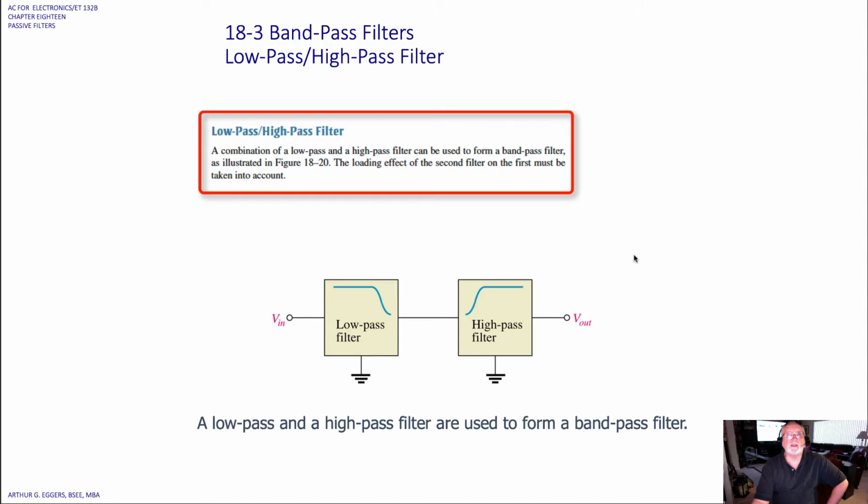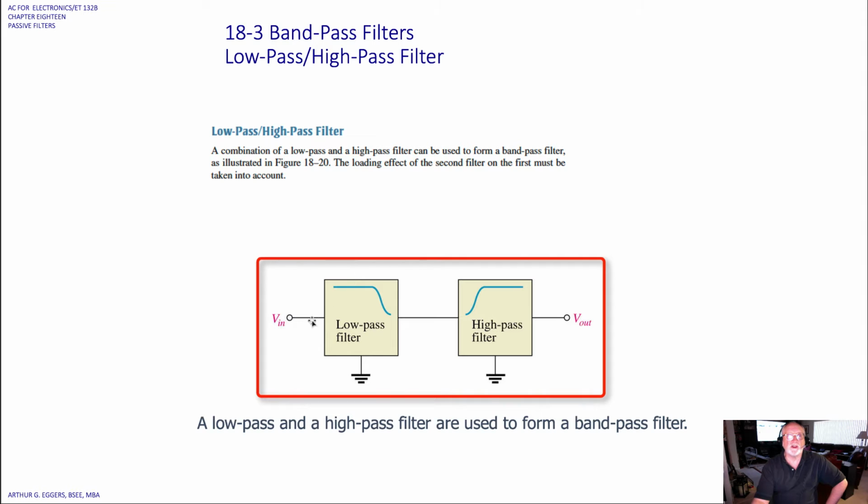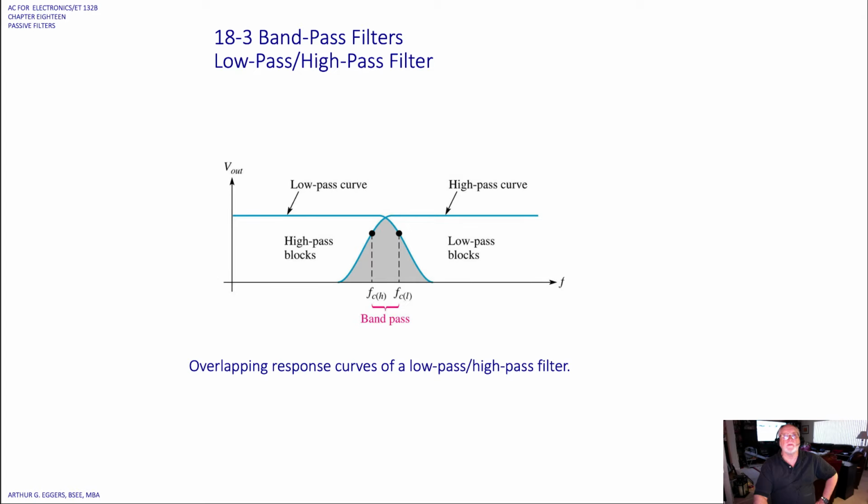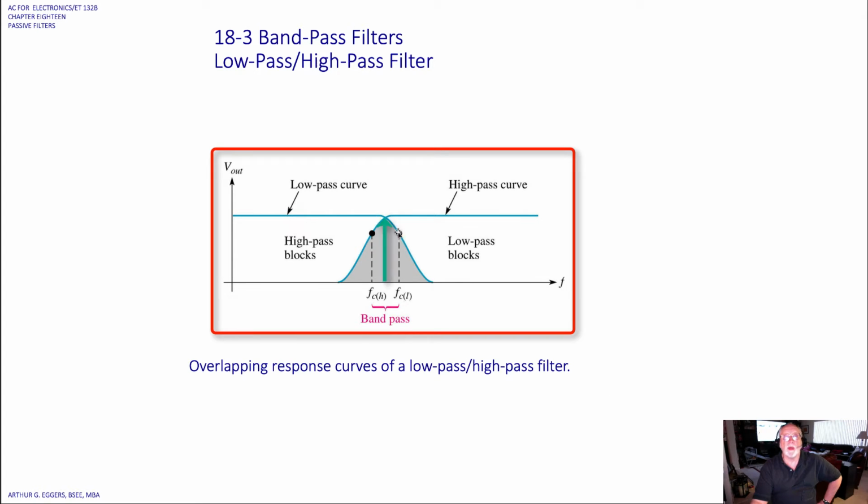High pass, low pass filter. A combination then of low pass and high pass filters can be used to form the bandpass filter as illustrated below. So if we put in series, gang together the two different types of filters, the low pass and the high pass, then we can form a bandpass filter. So if we look at the output of the low pass curve and the high pass curve, right there in the center is where our center frequency is, or the critical frequency.